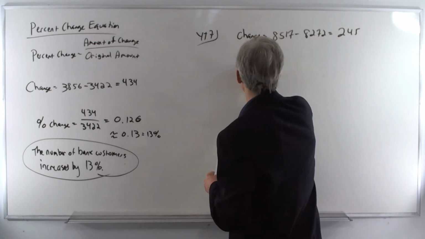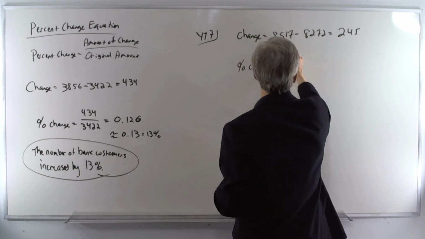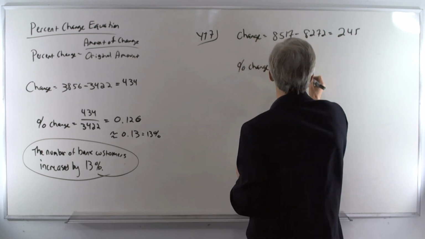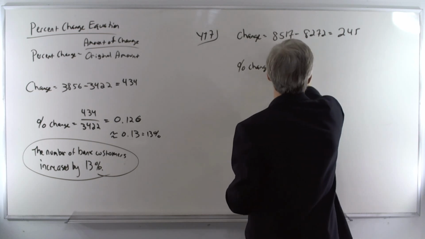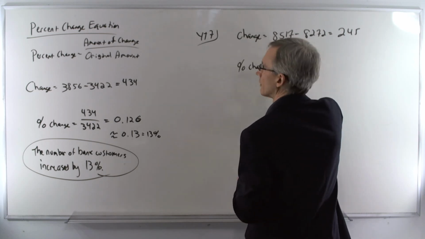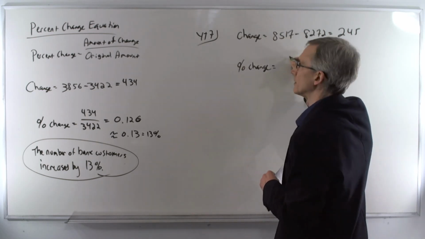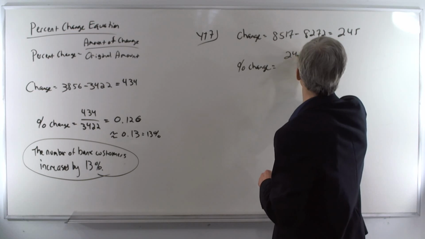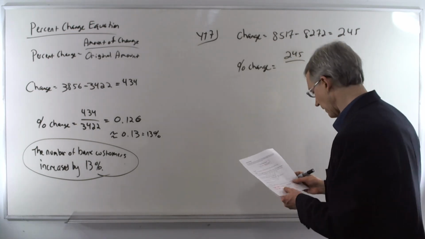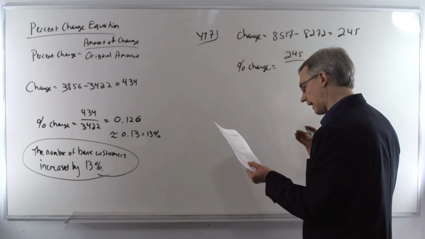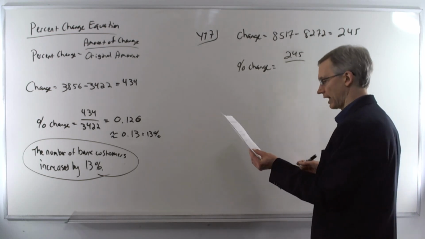All right, now the percent change is this change, 245 over the original amount. I've already got the original equation here, so let's refer to this. So I'm just going to fill in the numbers now since I already wrote it. 245 over the original amount. Now it fell from 8517 to 8272, so the original amount was 8517.